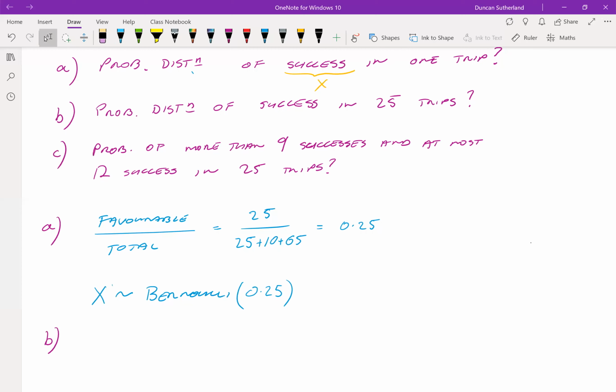So for B, the probability of success in 25 trips, we'll just redefine our notation as X is the number of successes in N trips, distributed binomial N, P, so we've got 25 and 0.25 as our distribution.